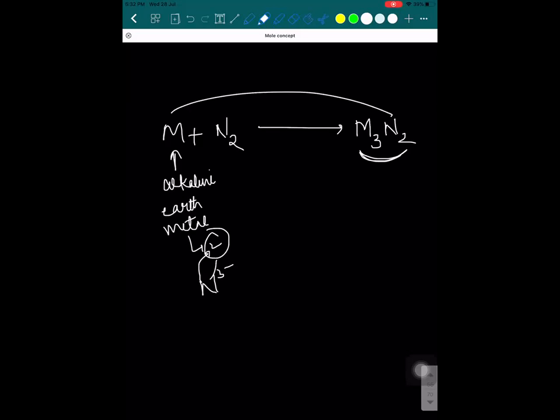Only the equation was the difficulty in this question. The crisscrossing method you studied in 10th class, right? And N3 minus is nitride. Nitride you will study in inorganic chemistry. That's why you can remember this reaction as of now.